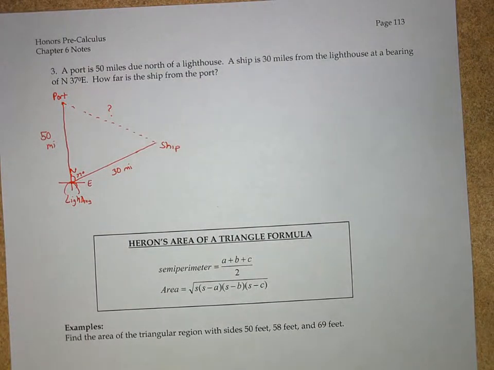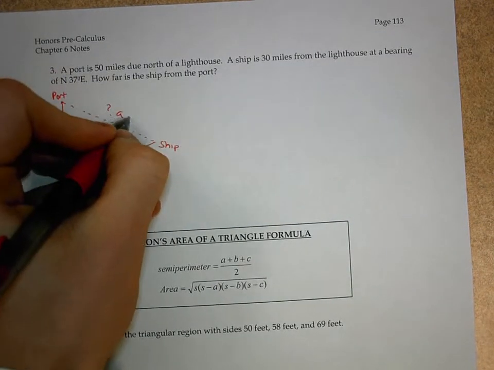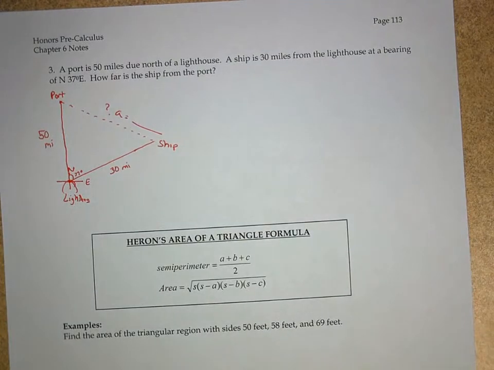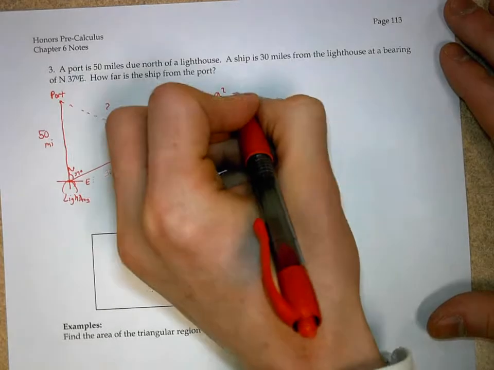Now, since I've got a side angle side situation, this is going to be the law of cosines. And I want to know what the side is going to be. So we'll use our law of cosines formula.